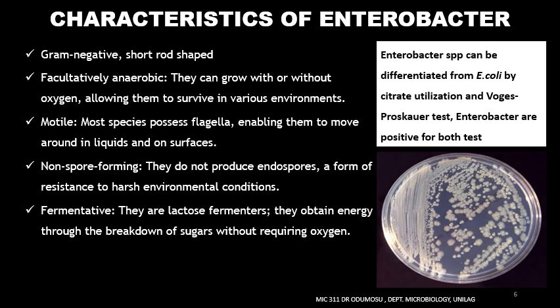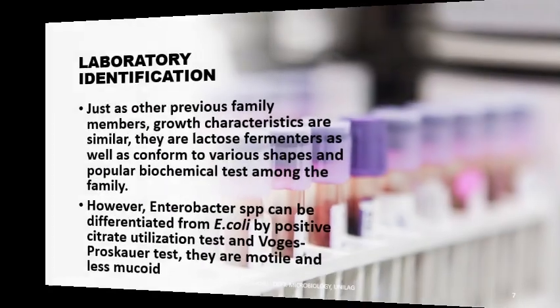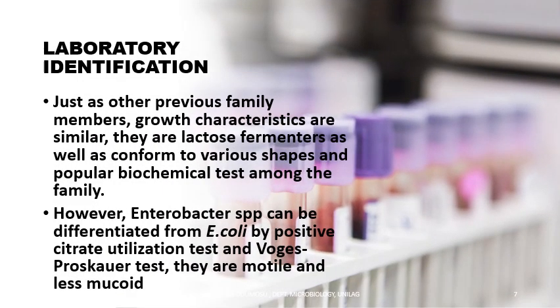Enterobacter usually has a close similarity to E. coli. The way Enterobacter and E. coli are differentiated from one another in the laboratory is by the citrate utilization test. This test indicates that Enterobacter can utilize citrate as the sole carbon source, while E. coli may not.